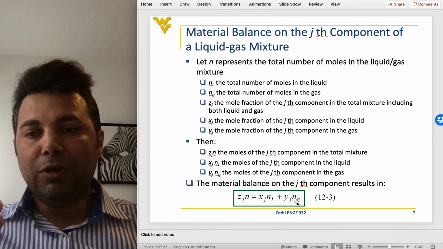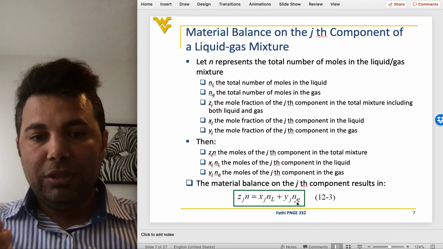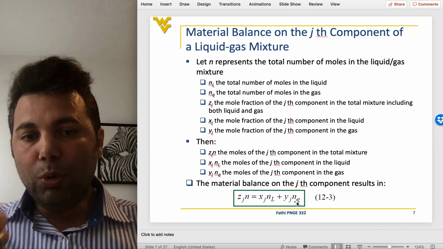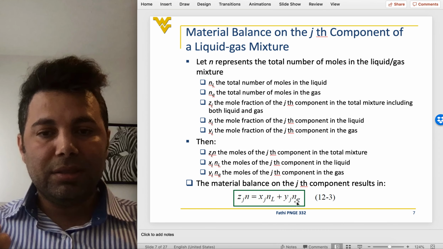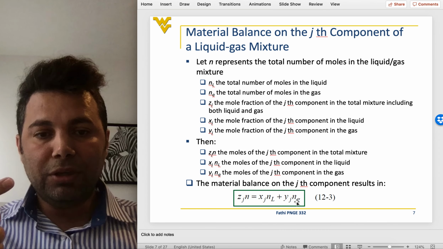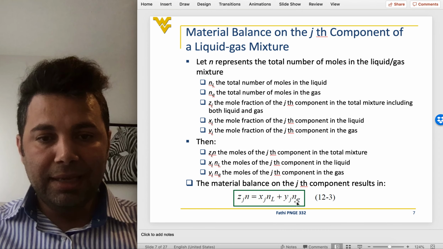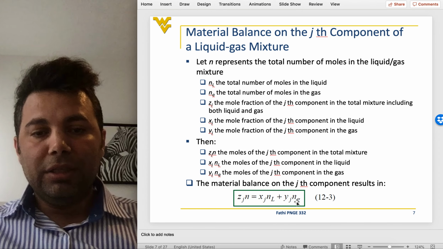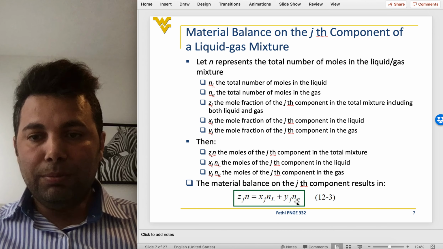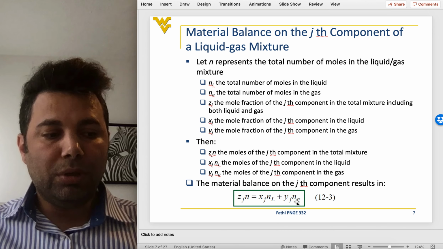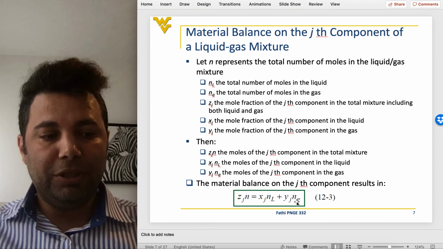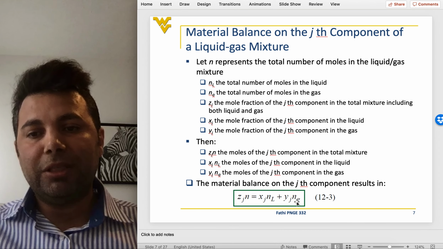So the mole fraction of component J in the liquid times the total number of moles in liquid plus the mole fraction of the component J in the gas times the total number of moles in the gas is equal to the mole fraction of the component in the mixture times the total mole of the mixture. This is a simple material balance.